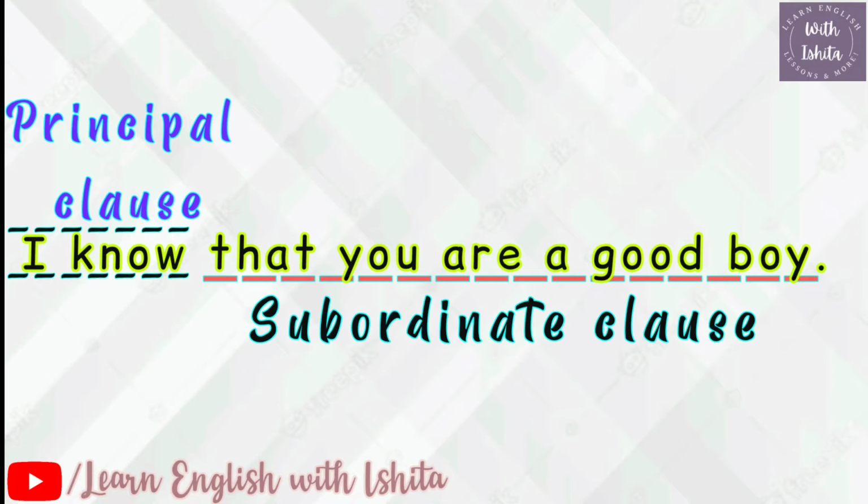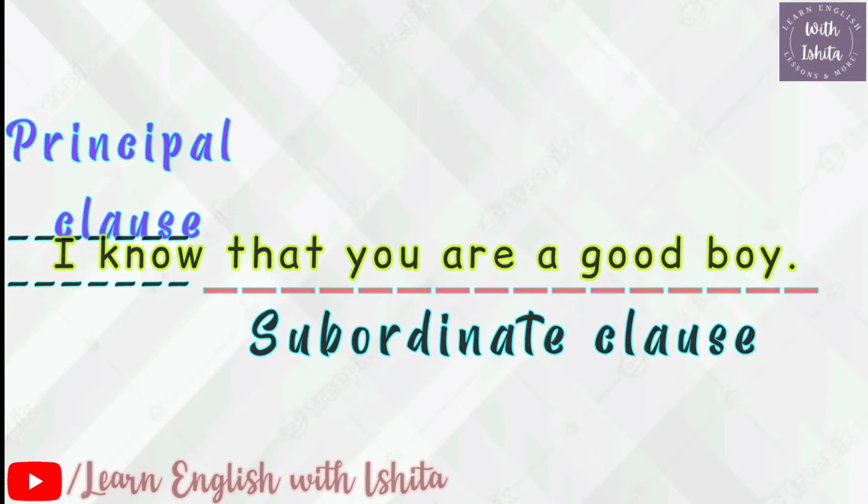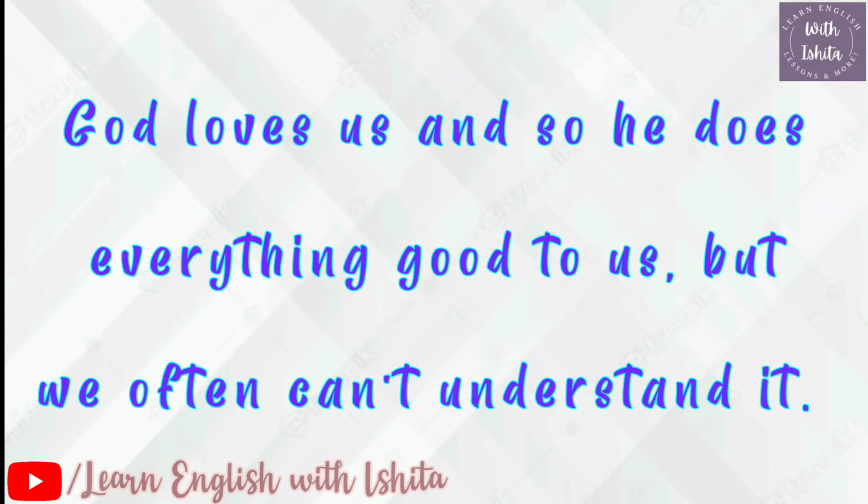Point to be noted, there may be more than one principal clause in a sentence, and in such cases the first is called the principal clause and the others are called coordinate principal clauses. Let's see another example: God loves us, so he does everything good to us, but we often cannot understand it.